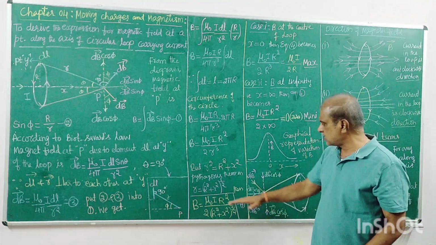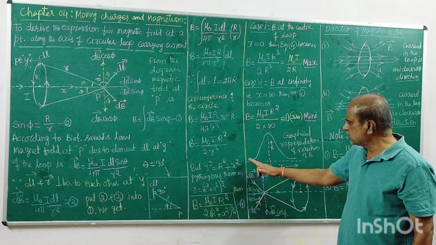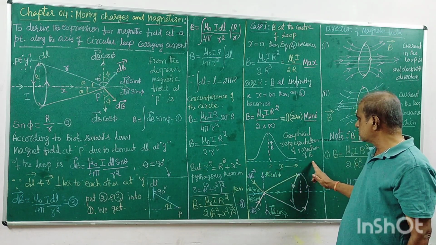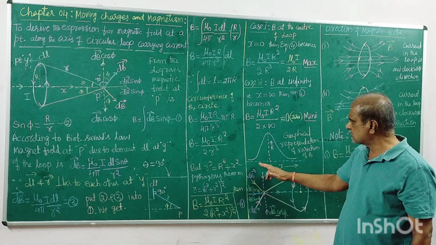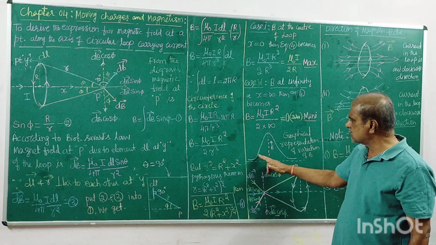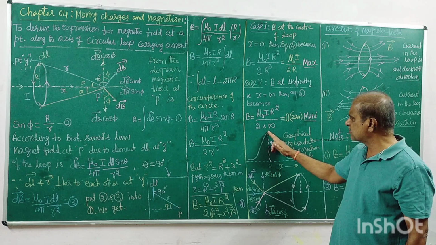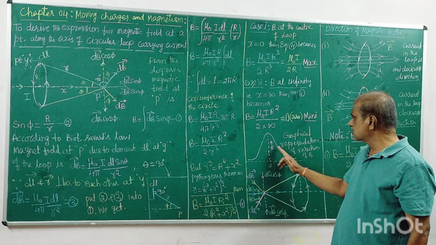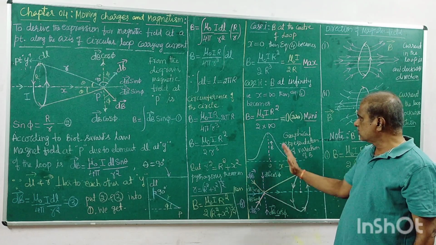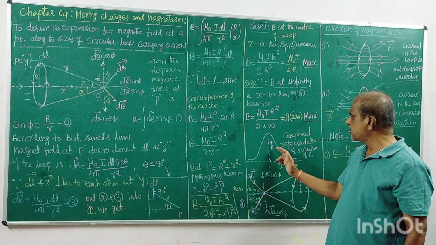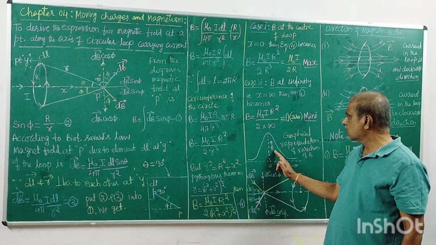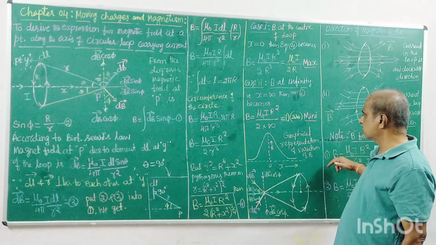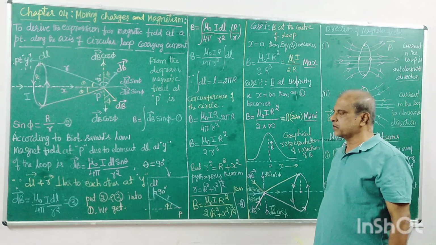Moving along the x-axis, from infinity towards 0 and then towards infinity, the B value increases gradually, reaches the maximum at the center, and then as you move away from this point, it again decreases, becoming 0 at infinity. So this graphical representation is the variation of B due to the loop current along the axis.